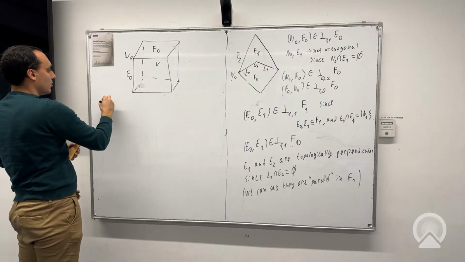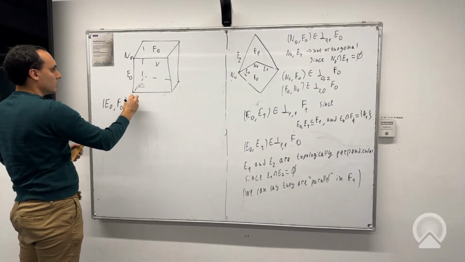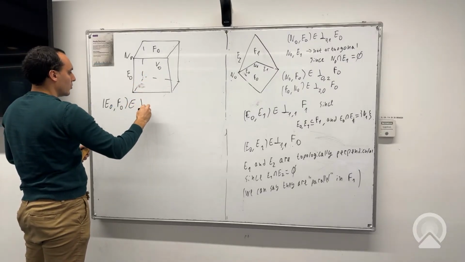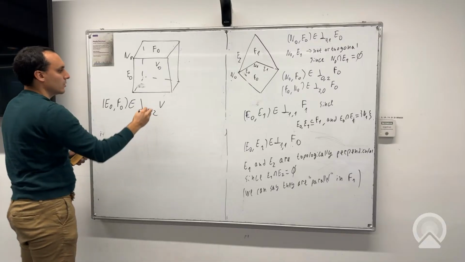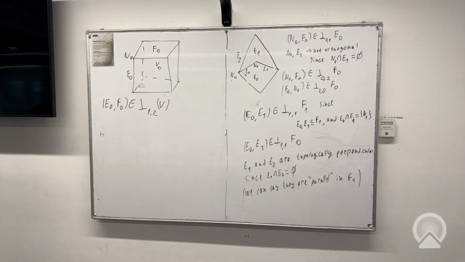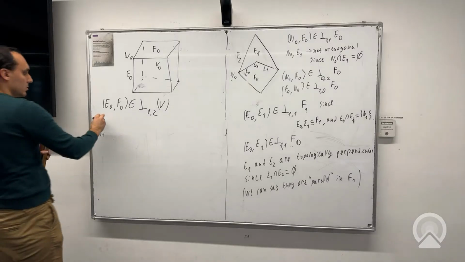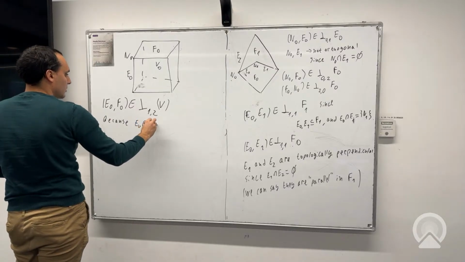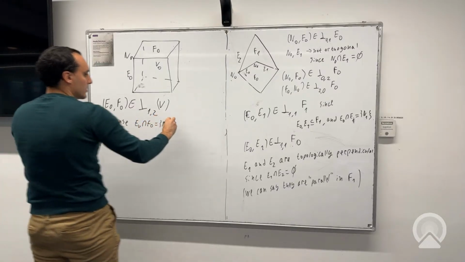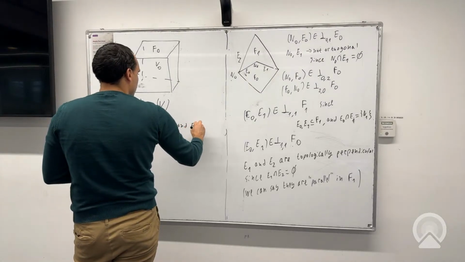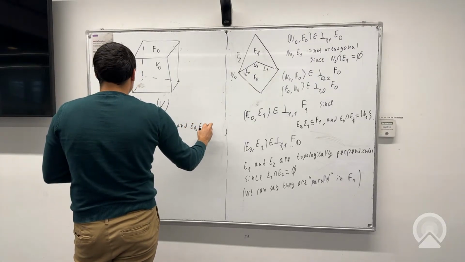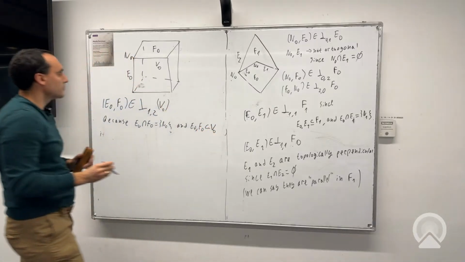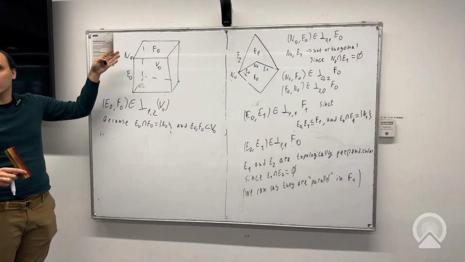So E0, F0 is topologically perpendicular to V, because E0, F0 is N0, and they're both subcells of V. So here, this is straightforward orthogonality.